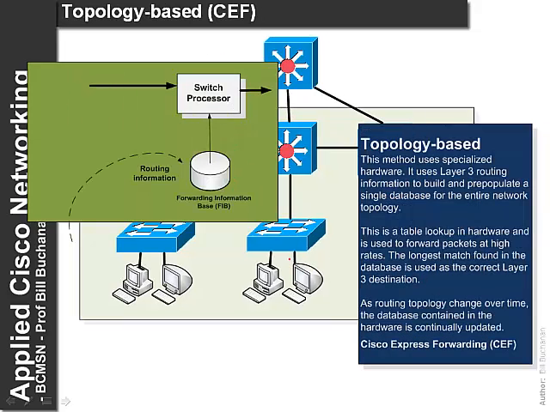The other type that we have is called topology-based, or Cisco Express Forwarding. In this way, we actually use the layer 3 information which we learn from the network to build a single database known as the forwarding information base. So routing information is coming in all the time, and the switch listens to this and builds up the forwarding information.